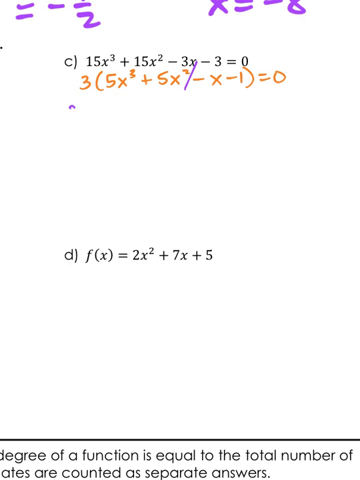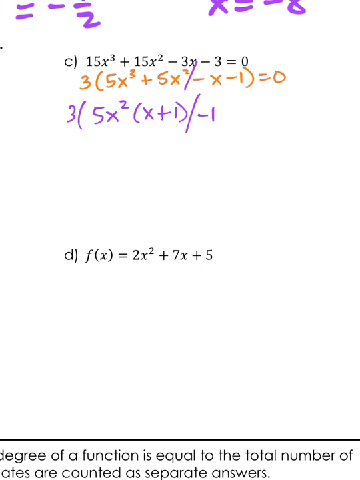So with grouping, I'm going to keep that 3 out front. Remember, I'm going to take the greatest common factor of this first term. I'm going to take it out of those 2 terms. So I'm going to take 5x squared, and that leaves me with x plus 1. I'm going to do the same thing for the second half.